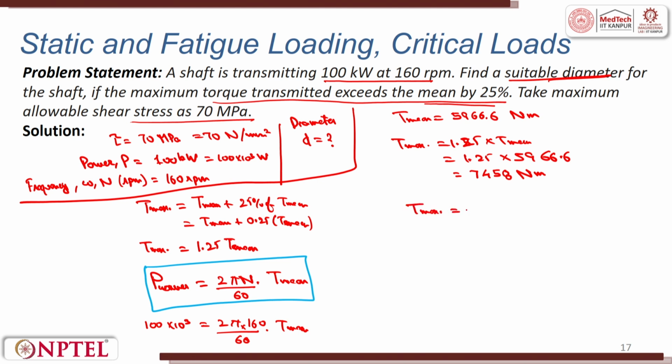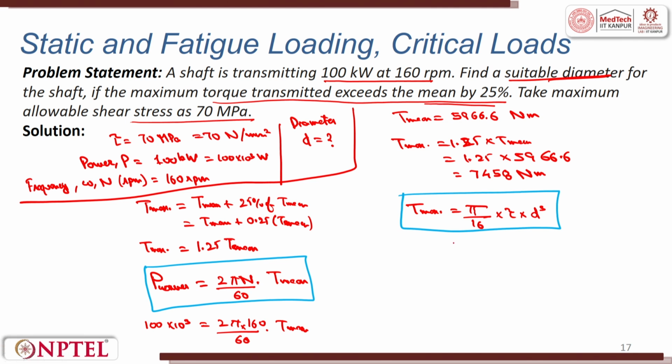Now we know maximum torque is equal to pi by 16 tau d cube. T max is equal to pi by 16 into tau into d cube, that is volume here, into the shear stress. This is another relation. Now maximum torque is given to us. Maximum torque is 7458.